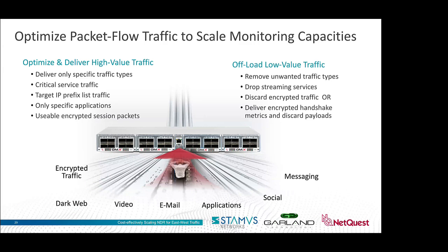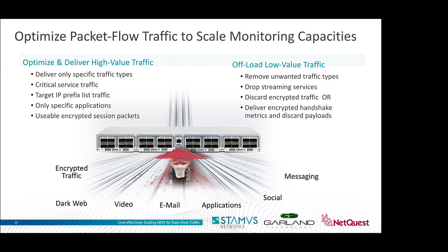That's how we drive massive scale, and we'll give you some illustrations of that, to be able to deal with these exploding data environments that everyone is faced with. So we focus on what can we take out of that traffic that doesn't affect the monitorability or the integrity of the traffic that we're monitoring.